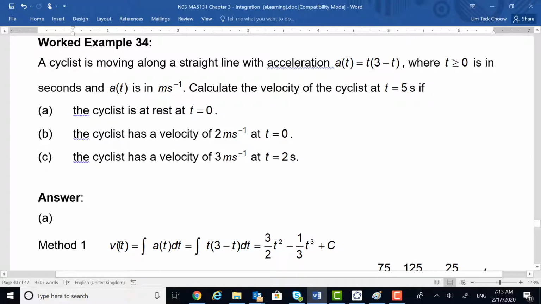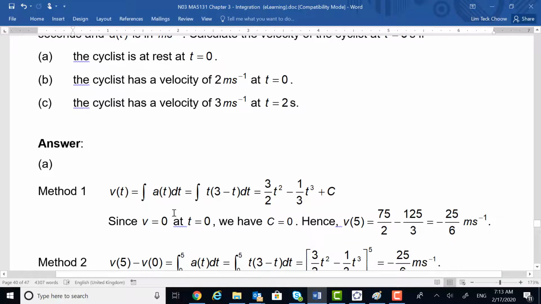You first and foremost work out the velocity expression, and then use the condition that when t is 0, the velocity is 0 to find the constant c. And then you get the velocity expression. With the velocity expression, to find the velocity at 5, you just put t as 5. And I get this.